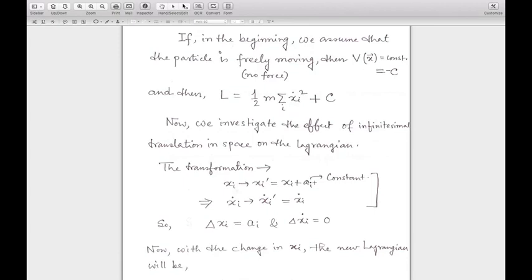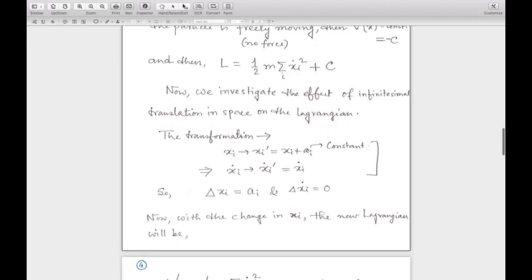Whether it is a symmetric transformation or not, we still don't know. First, let us see how to mathematize this transformation. The transformation simply says that every x_i becomes x_i prime after transformation, which is equal to the old x_i plus a_i. So a_i is the i-th component of the small infinitesimal translational vector a.